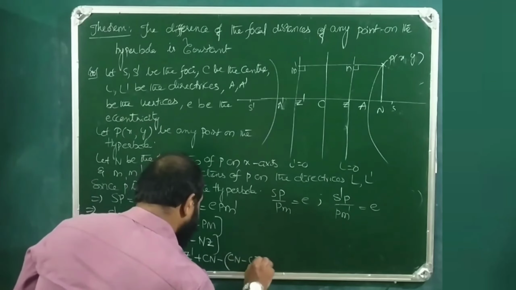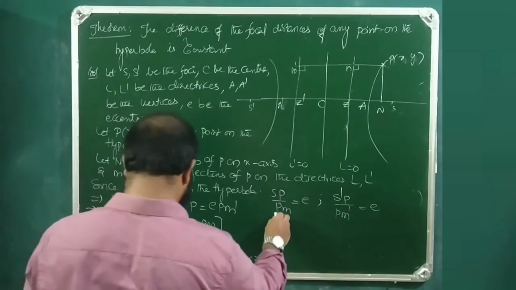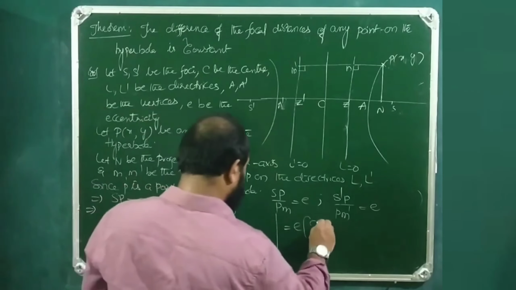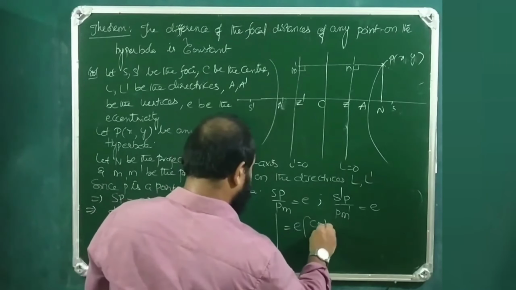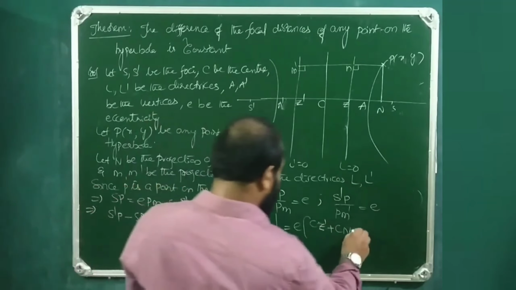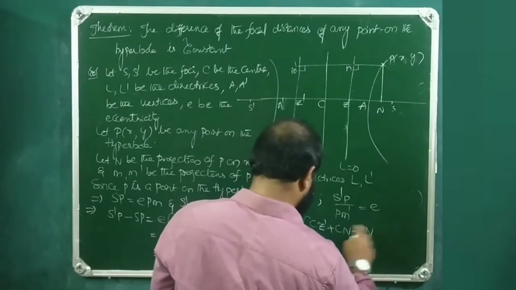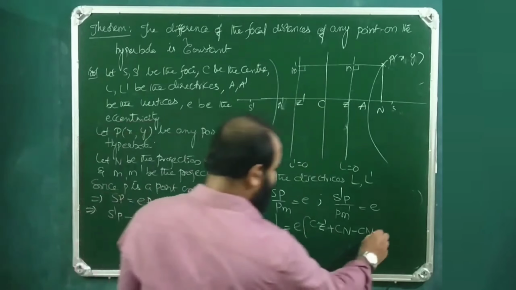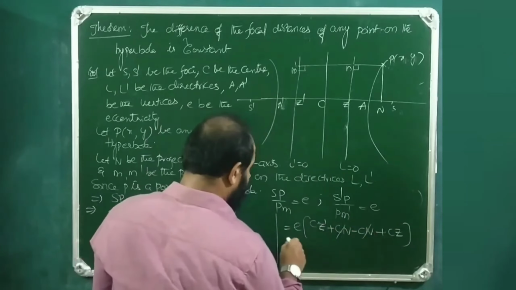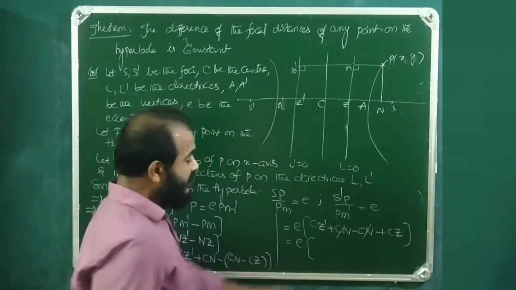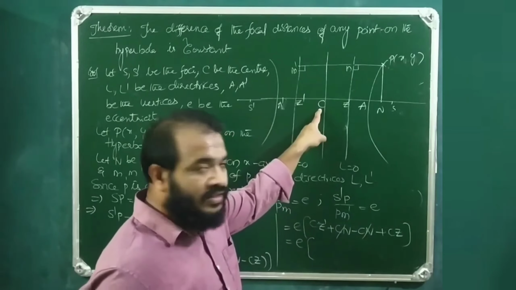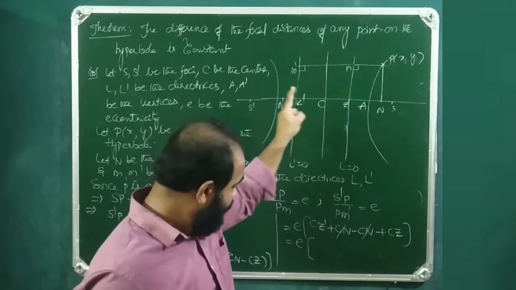So this equals e into CZ dash plus CN minus CN plus CZ, minus of minus is plus CZ. So CN gets cancelled.